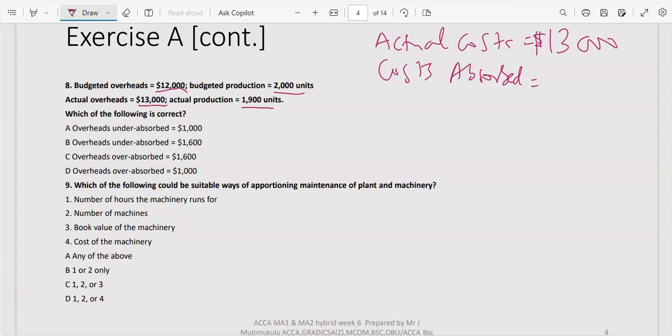But here we are talking of absorption costing. In absorption costing, costs are usually absorbed using a standard rate, which is normally called the overhead absorption rate. So let us find that first.